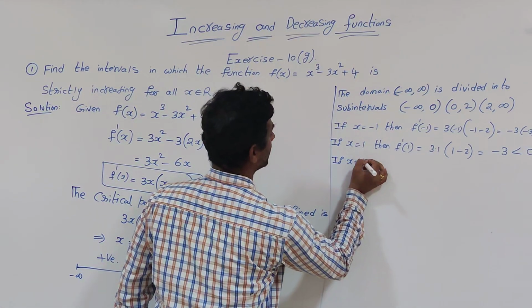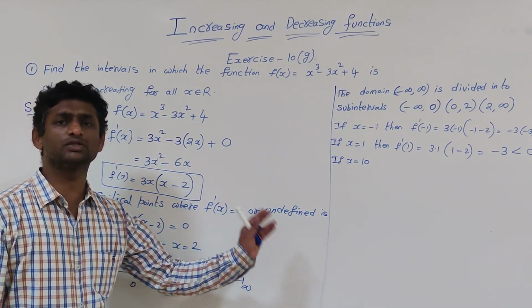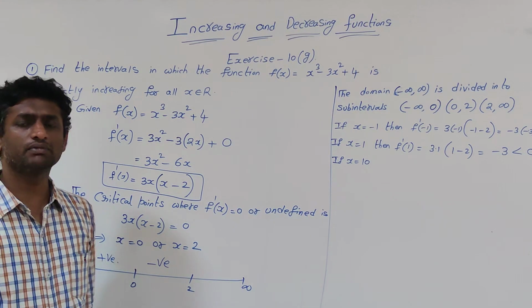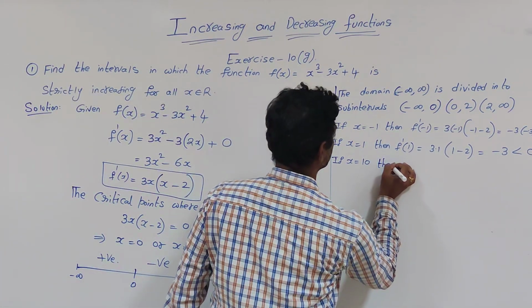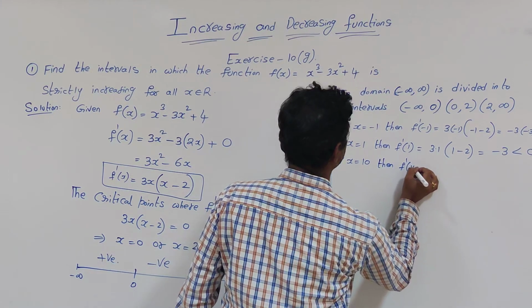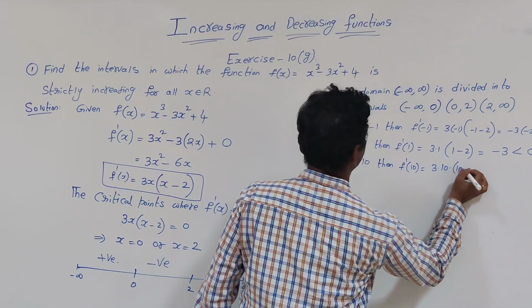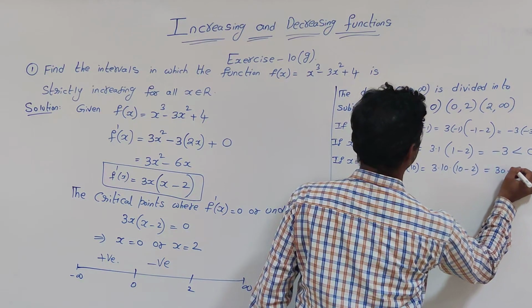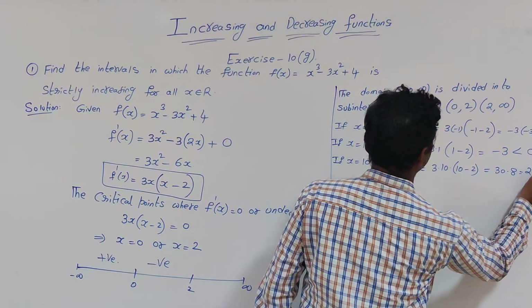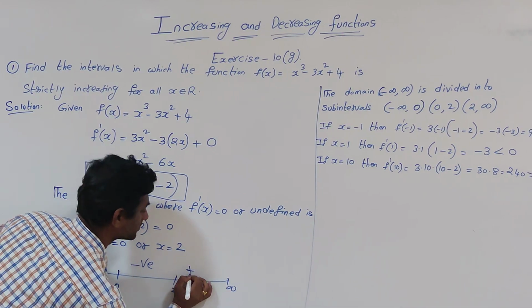Normally 2 to infinity means any real number greater than 2. You choose any number. So I am choosing 10. Then f dash of 10 will be 3 into 10 into 10 minus 2, which will be 30 into 8, 240, which is greater than 0. Means we are getting a positive sign.